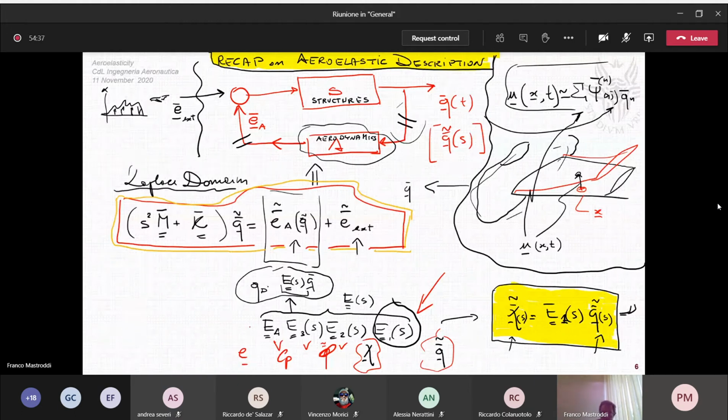And this is the story of the aerodynamics. This is the structure of the aerodynamic operator. Okay, as you can see, the unsteadiness of the aerodynamic operator is given by the dependency of these matrices on s.